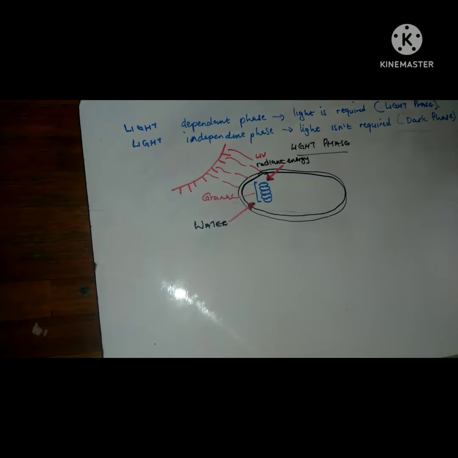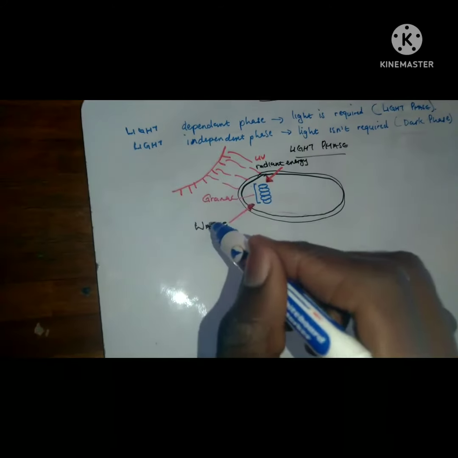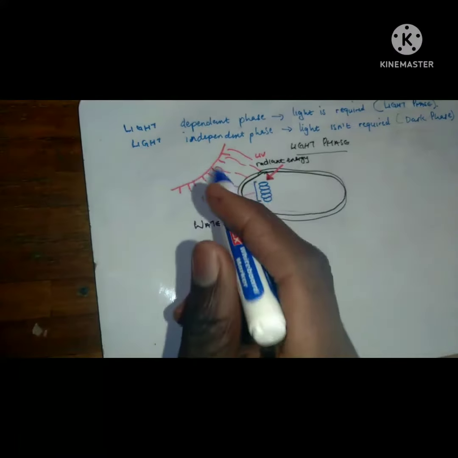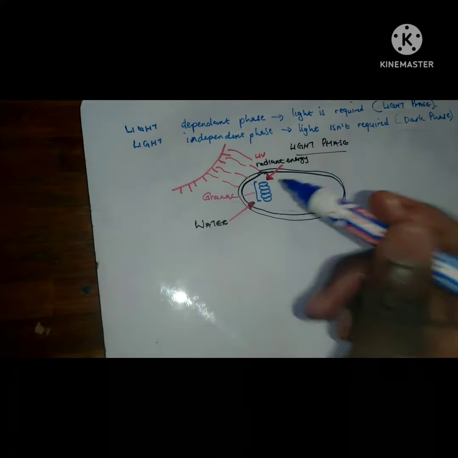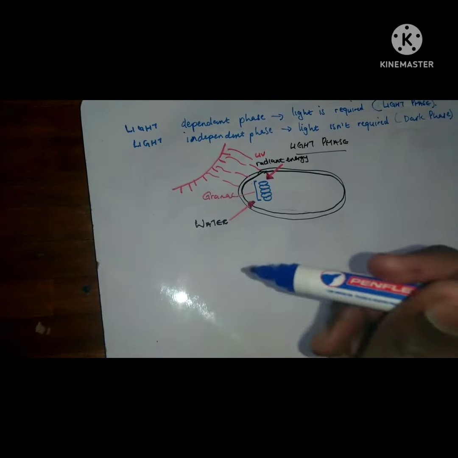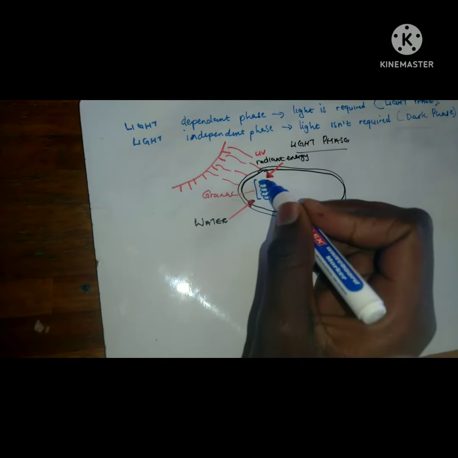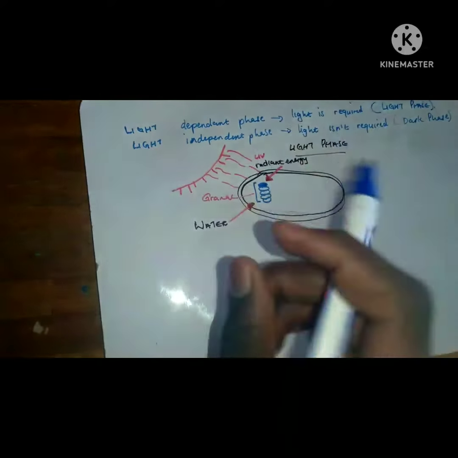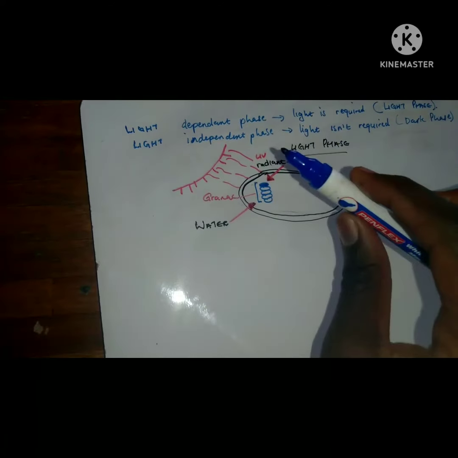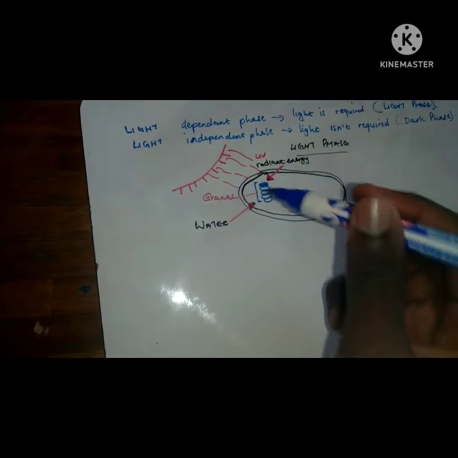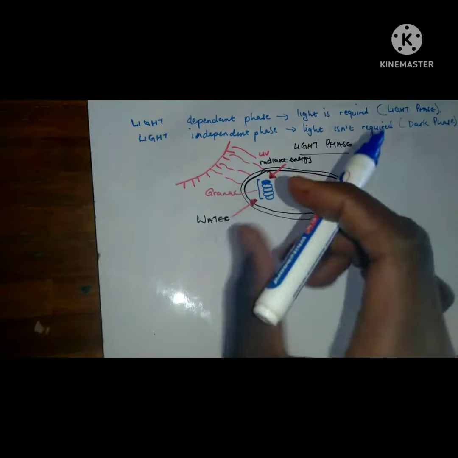So understand this. In the light phase of photosynthesis, radiant energy and water are present, right? Therefore, in the grana, in the stack of thylakoids, the radiant energy is absorbed. How is it absorbed? As we mentioned, the thylakoids, these sac-like things, contain chlorophyll. Don't forget, they contain chlorophyll. So this chlorophyll can trap radiant energy. What exactly in the chloroplast traps the energy is the chlorophyll.